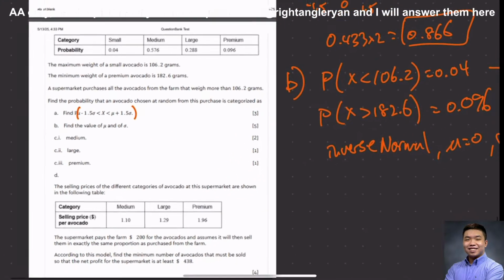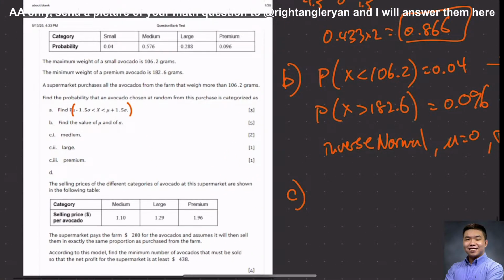Next, part C. Find the probability that an avocado chosen at random from this purchase is categorized. Okay, sorry. A supermarket purchases all the avocados from the farm that weigh more than 106.2 grams. So this is a given, right?